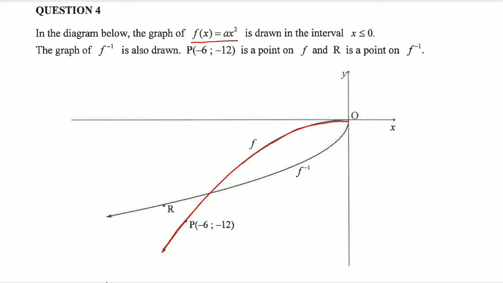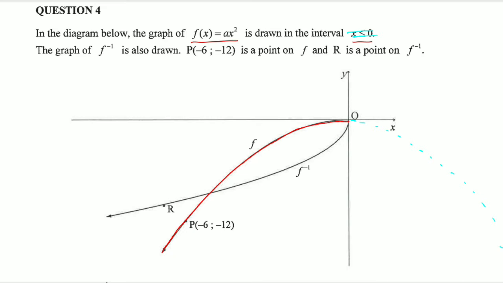Now, f of x is equal to ax squared is a parabola. So why does our graph look like this? Because it's drawn in the interval x less than or equal to 0, and we're excluding x greater than 0. If we didn't have this restriction, then our graph would continue and we'd have a parabola that looks like this.